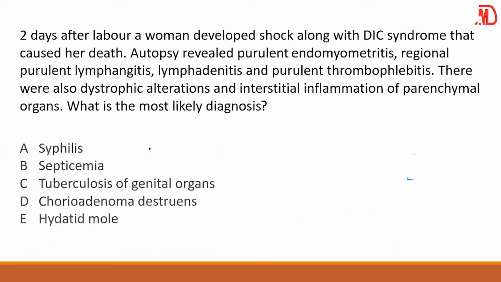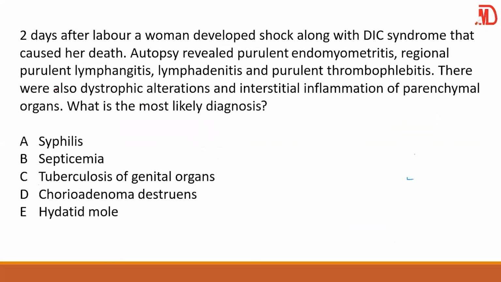I love this question too because we have talked about it. 2 days after labor, a woman developed shock along with DIC syndrome that caused her death. So there's shock, DIC, death. Look at the autopsy.